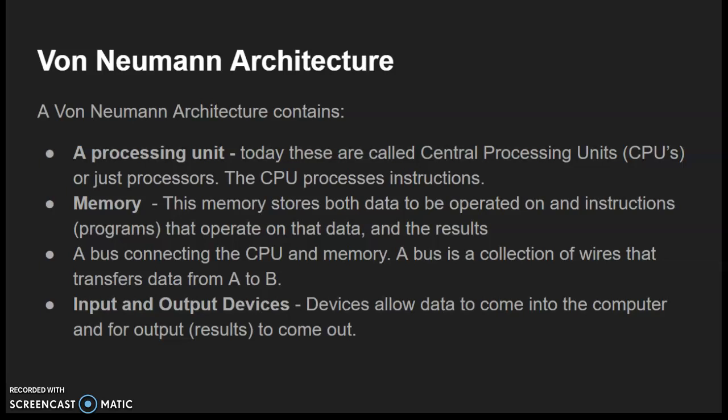First, a processing unit. Today these are called CPUs, central processing units, which are the brains of the computer. The CPU processes instructions. It executes or carries out the instructions that need to be done for your programs or applications to run.